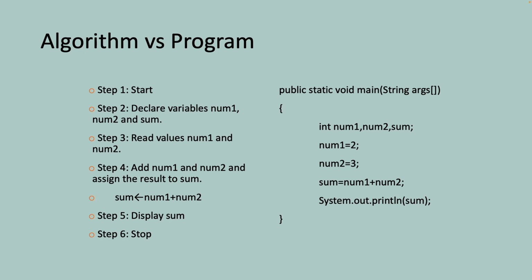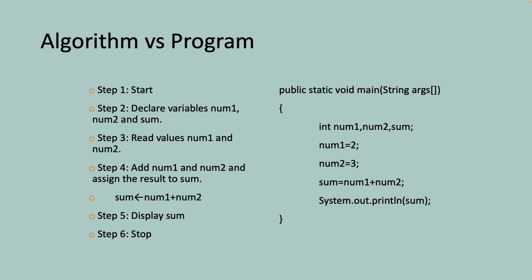For example, if you would like to compute the sum of two numbers, on the right side, you can see the program. But before writing this program, either in your mind or on paper, you can write certain steps. Like we're going to declare two numbers and we will declare another variable, which is sum.